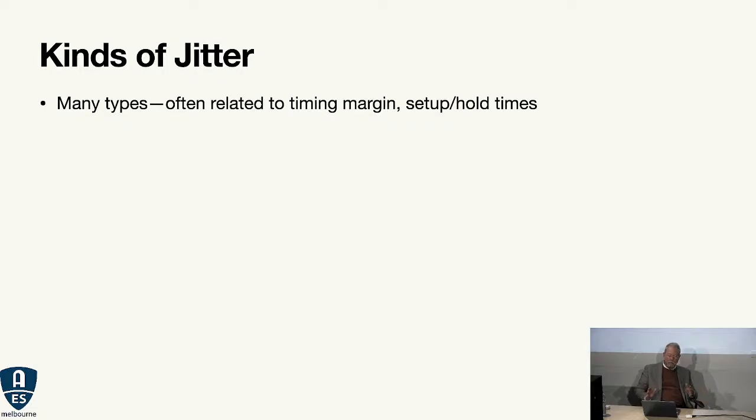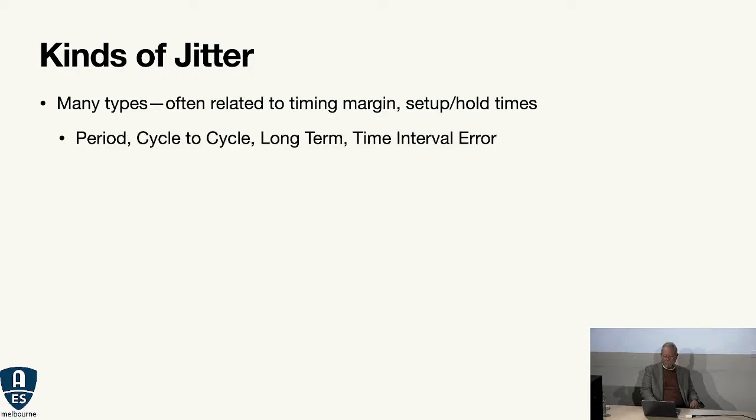A lot of them are related to timing margin on digital signals, so setup and hold times. Not entirely what we're interested in with sampling. We're interested in the sample points being in the right place, not so much that there's some digital signal that needs to be ready in time for another clock, that kind of thing.